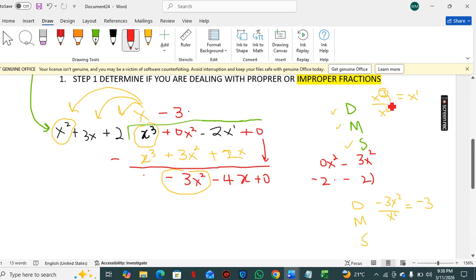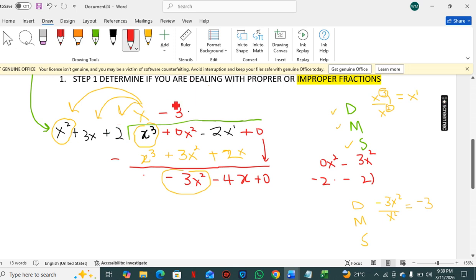Are you talking about x cubed divided by x squared? Yes, the x cubed plus 3x squared. Yes, that part. I was multiplying here, x times x squared. Oh, x cubed. Okay. Okay, thank you, Sam.